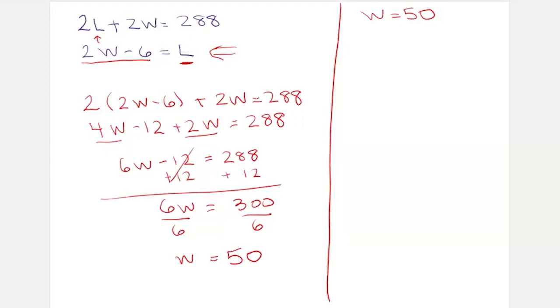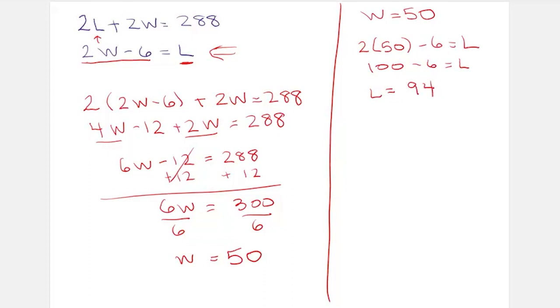If I put in 50 for W, I get 2 times 50 minus 6 equals L. 2 times 50 is 100, minus 6, so L equals 94.